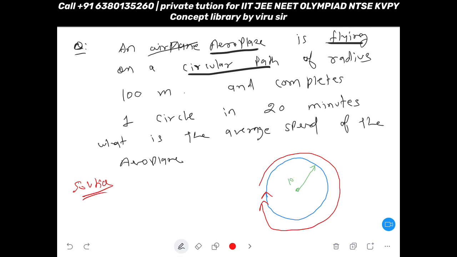Try to understand. The aeroplane is flying on the circular path. Circular path means this path. So it means, actually, the circumference.